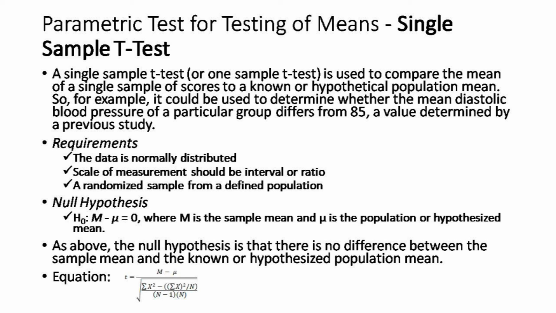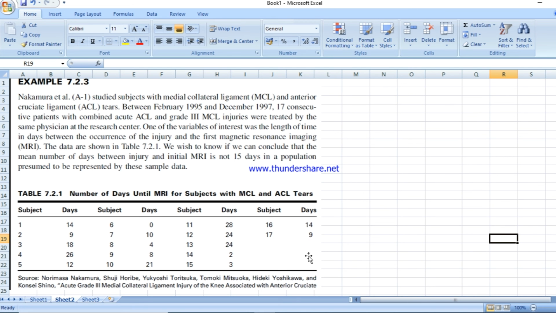So let's take an example for this. This is an example from the biomedical field, in which the researcher studied subjects with medial collateral ligament, that is MCL, and anterior cruciate ligament, that is ACL, tears.